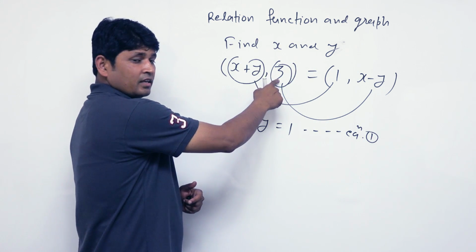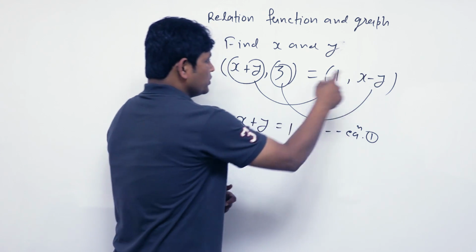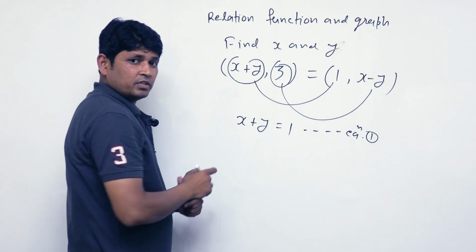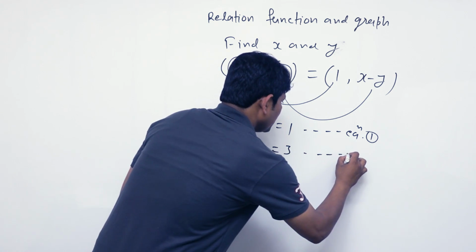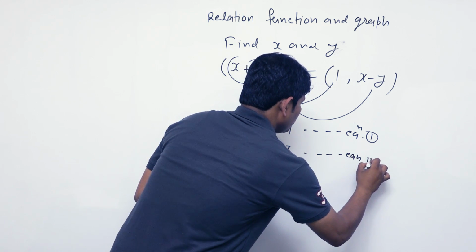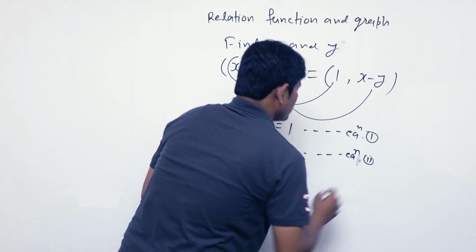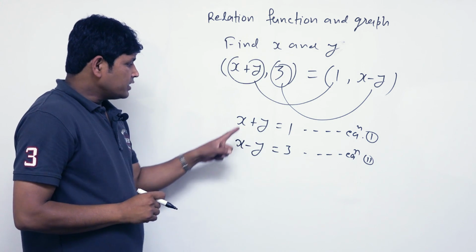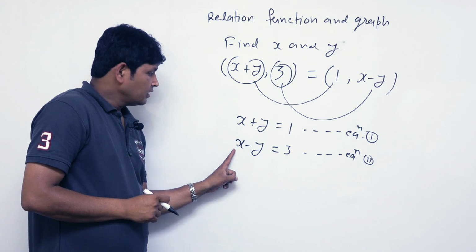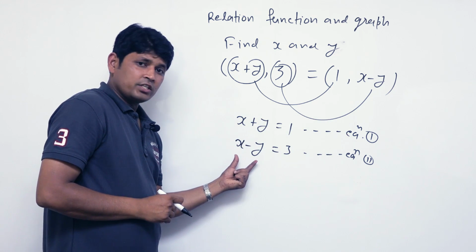This is 3, x minus y. So you can say x minus y is equal to 3. This is equation 2. Now let's see what happened here. These are two simultaneous equations.